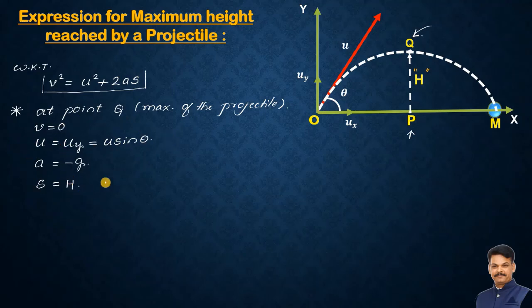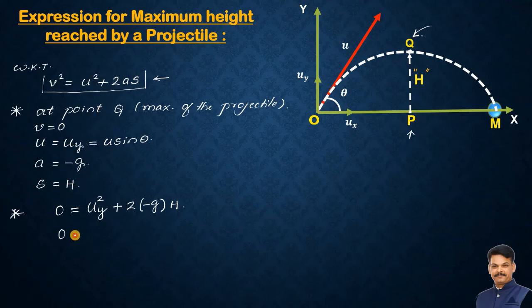If all these changes are made in the equation we considered earlier, what do we get? The v value is 0, u value is uy, so 0 equals uy whole square plus 2 times a, which is minus g, and s is h. I have made all these substitutions here.